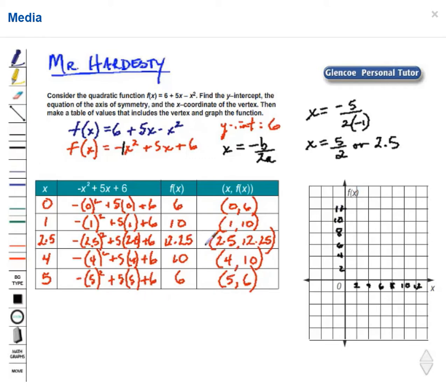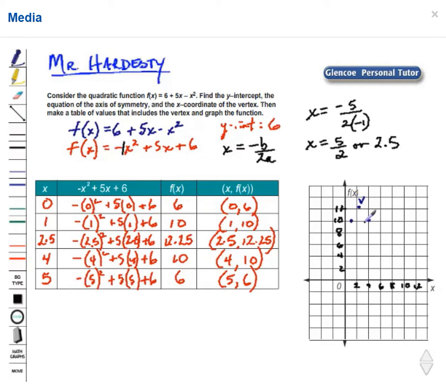Let's start with the vertex here in the middle. We have 2 5/10 and 12 25/100, so about there. Our vertex V. Now, 1, 10 and 4, 10. That is 1, 10 here and 4, 10 here.